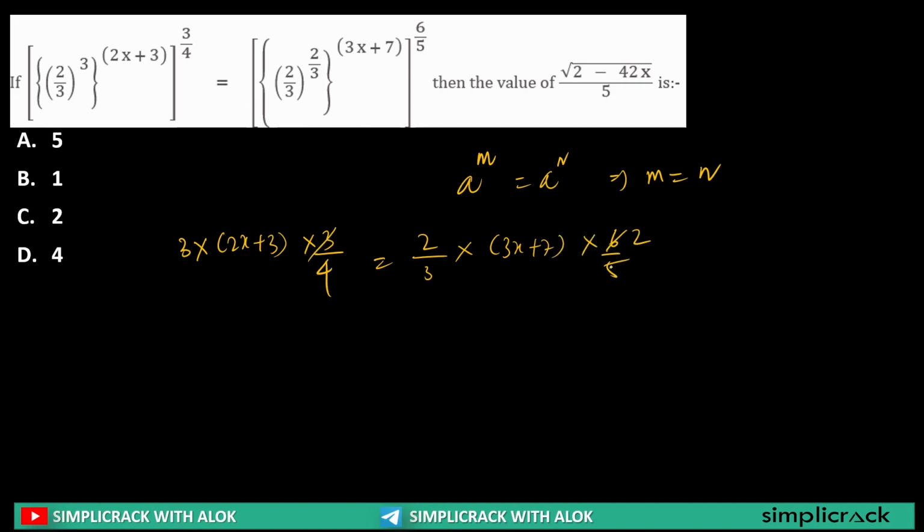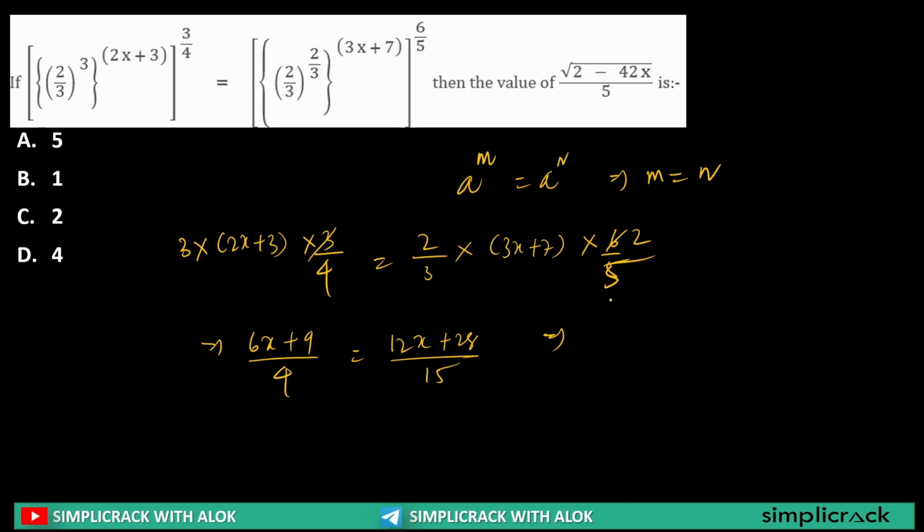Now 3 into 2x is 6x plus 9 by 4 is equal to 2 2s are 4, 12x plus 28 by 15. Clear? Yes sir, clear.